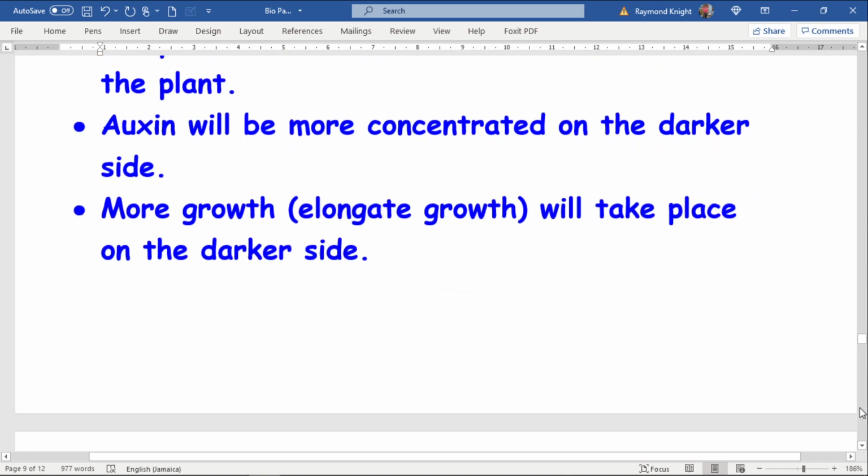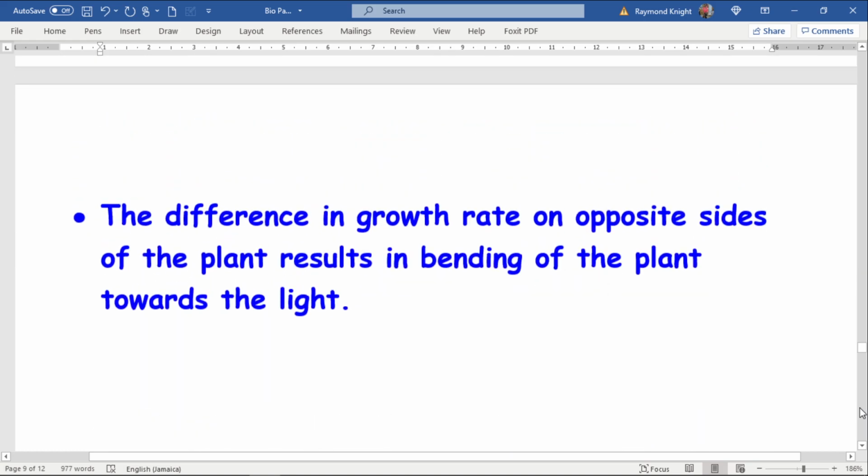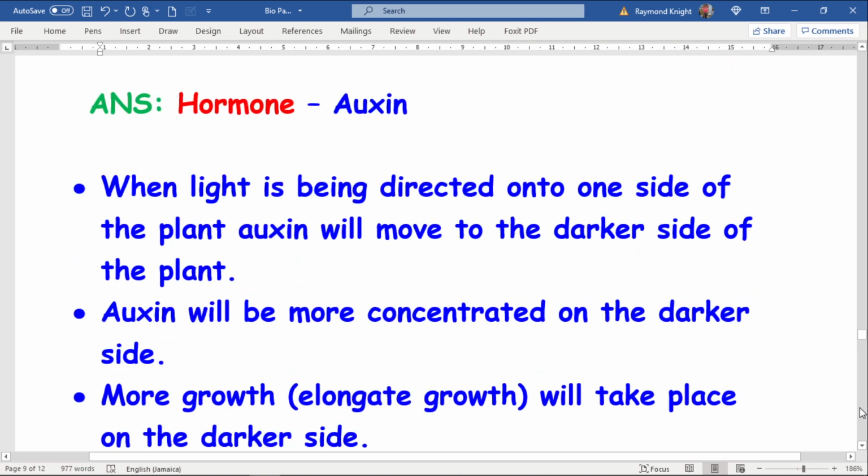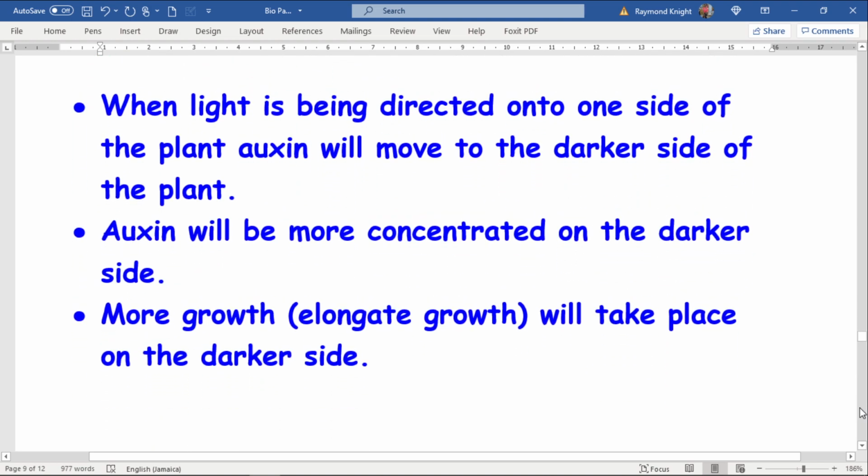So here we can state that when light is being directed onto one side of the plant, auxin will move to the darker side of the plant. In other words, it will be more concentrated on the darker side.